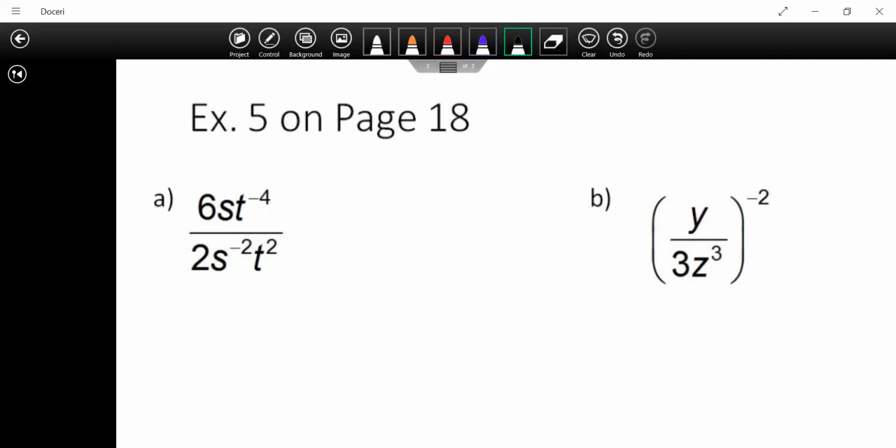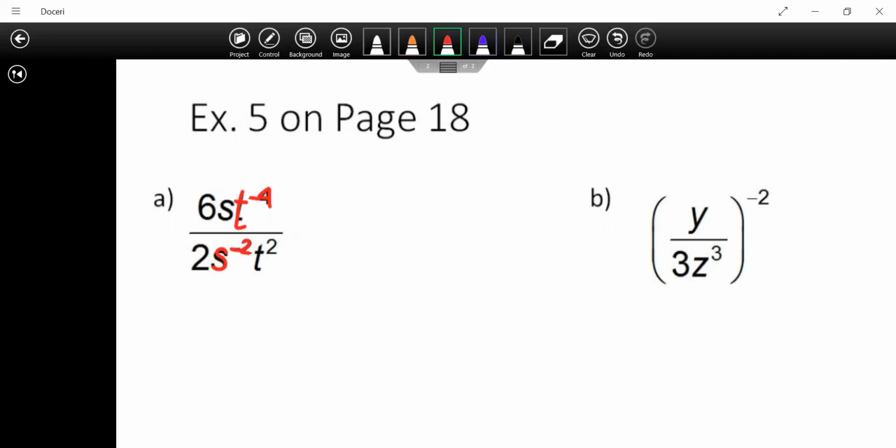The first thing that I want to be able to look at here is see how the negatives are being done. In this case, we have a fraction with our exponents, and it's being with this t to the negative 4 and the s to the negative 2. If we ever see that we have fractions like that, what do we do to those two with negatives? Switch them, right?